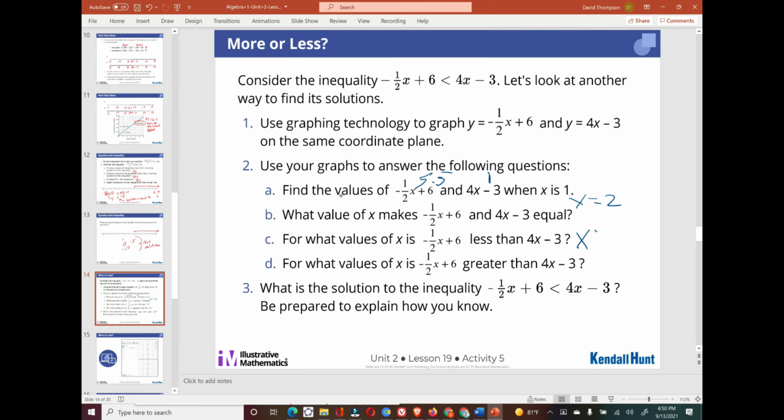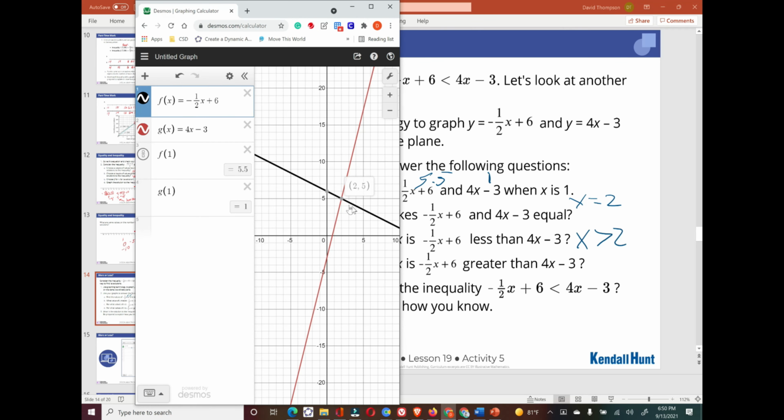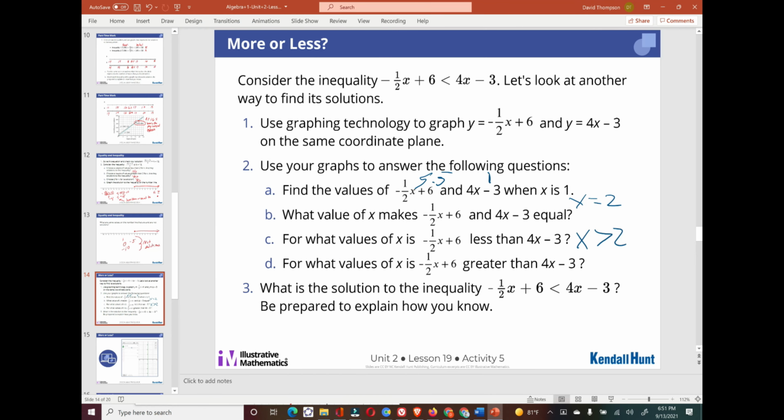I said that backwards. X greater than 2. So when x is greater than 2, I can just click and add a point. Negative 1/2 x plus 6 is less than 4x minus 3. We can see that because the y values are smaller here, whereas the y values are getting larger over here on the line 4x minus 3.